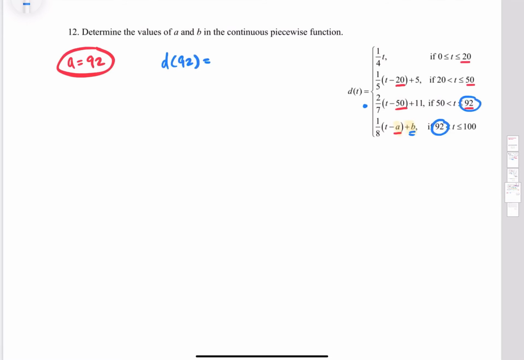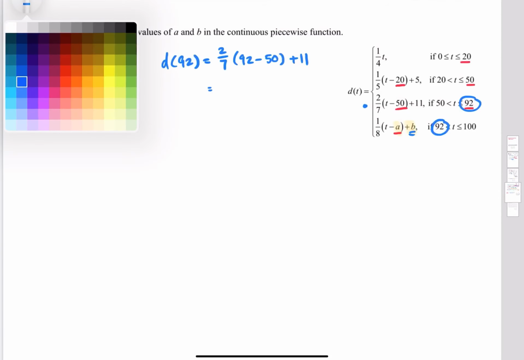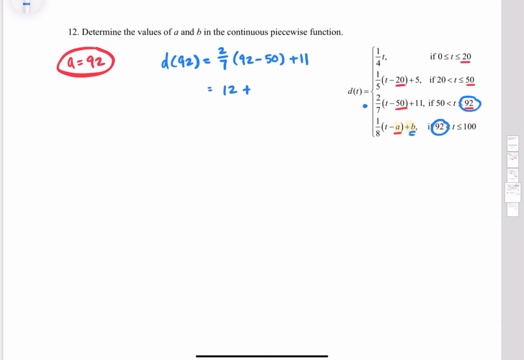So that's going to be 2 over 7, and then we have 92 minus 50, and then plus 11. Now all we got to do is the math. 92 minus 50, multiplied by 2/7, ends up being 12. And 12 plus 11 is going to give us 26. So B is equal to 26.